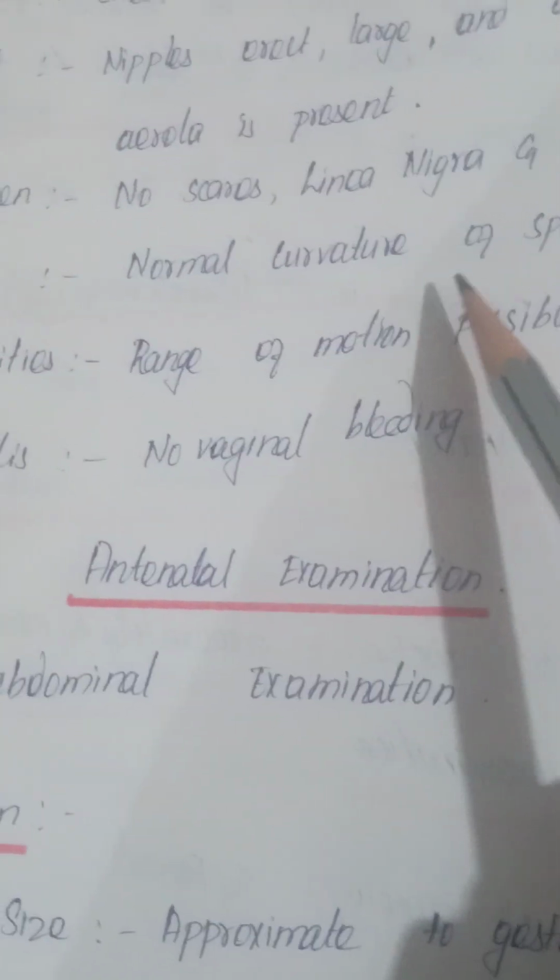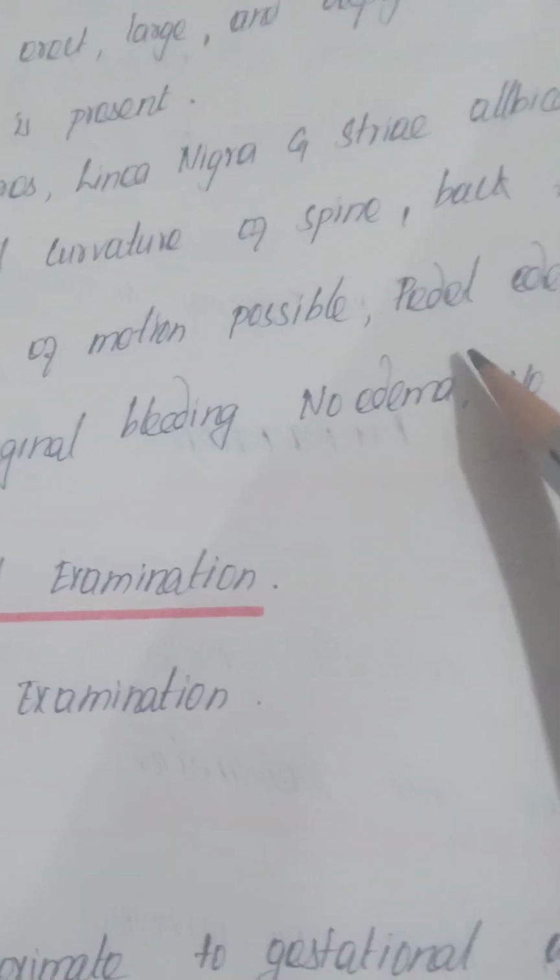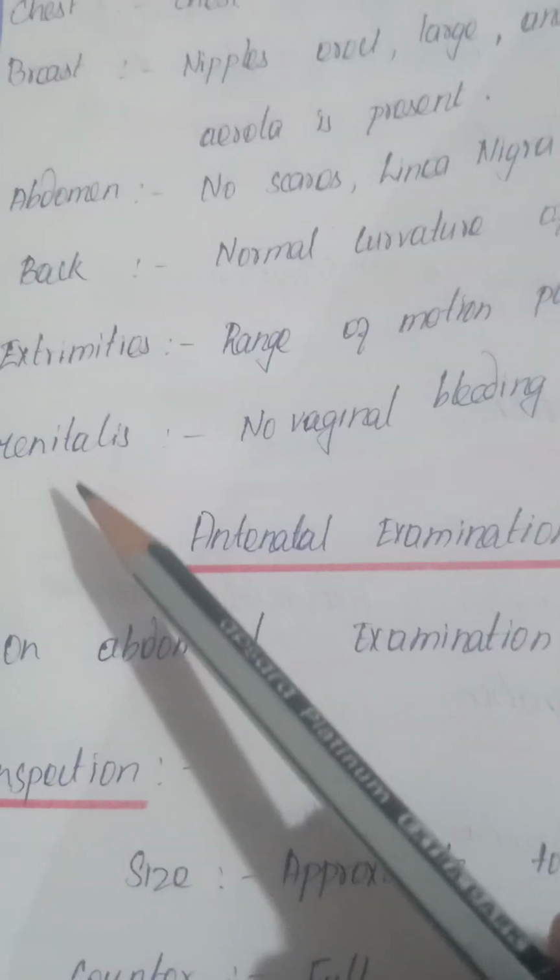Back, normal curvature of spine. Back pain is present. Then extremities, range of motion possible. Pedal edema. The pregnant woman had edema, so pedal edema is present. Then genitals, no vaginal bleeding, no edema. Then no sign of infection.